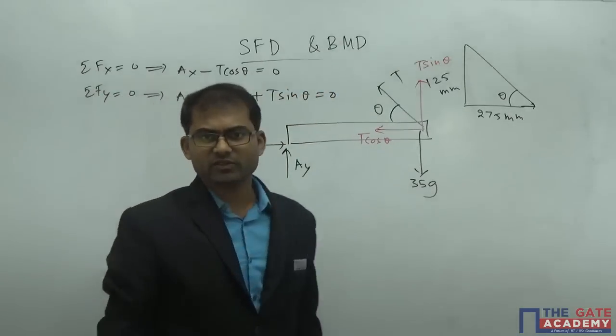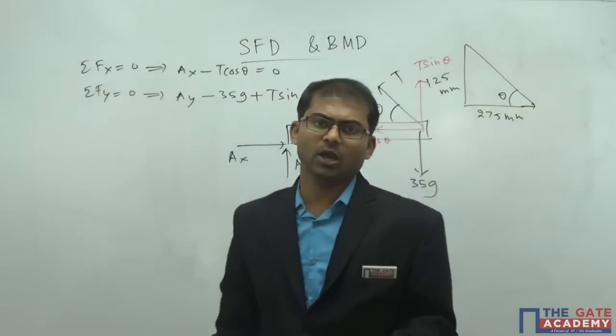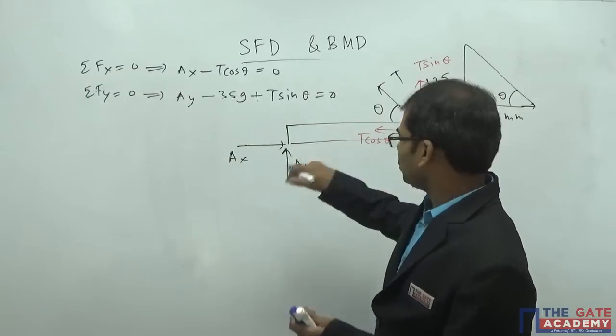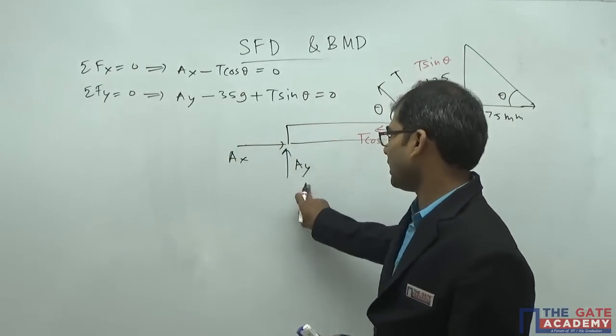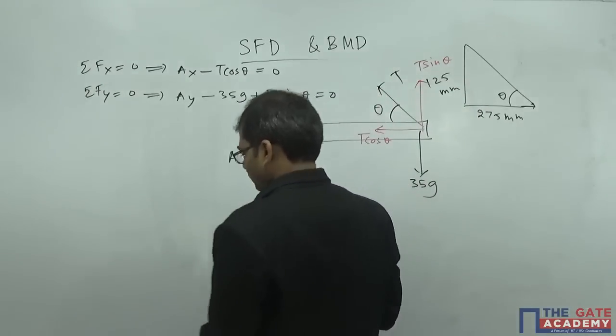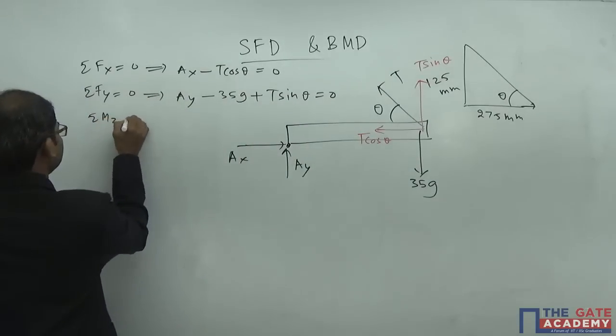Now we are left with the third equation, that is moment about z-axis. You can take the moment about point A or point B, but to cancel out the moments because of Ax and Ay, we'll go with point A itself. Moment about z-axis is equal to 0.